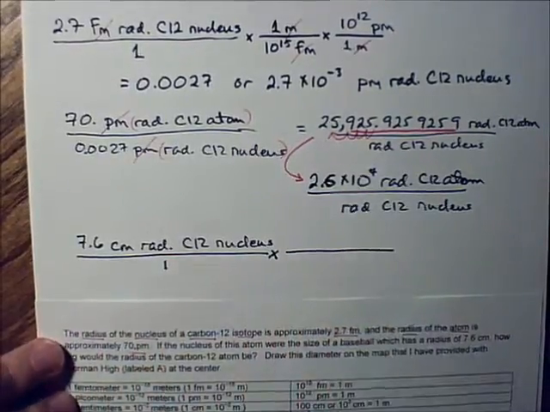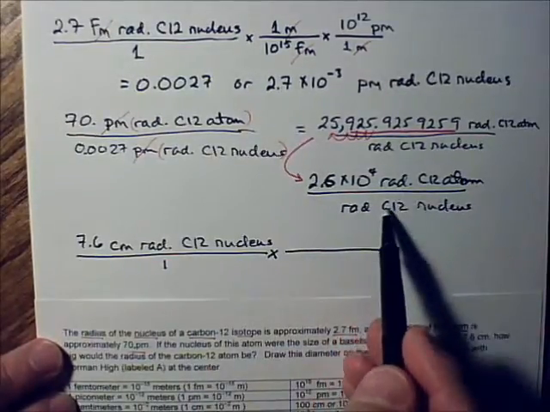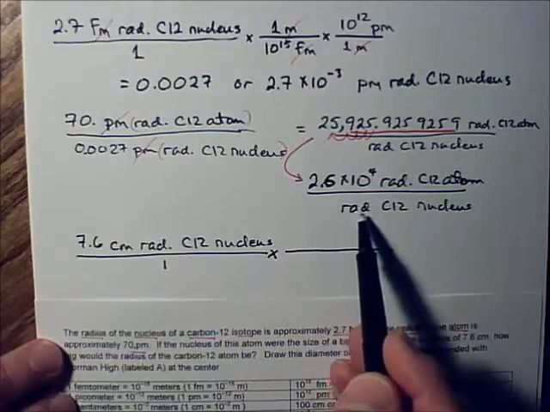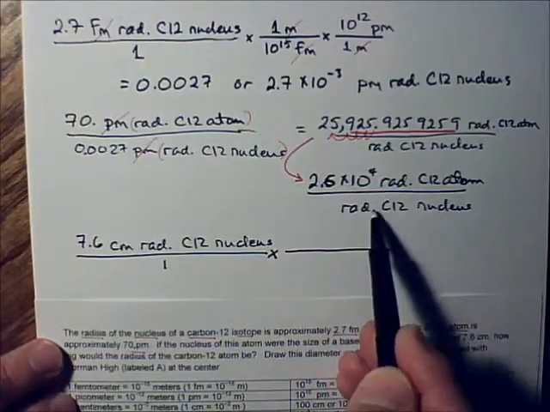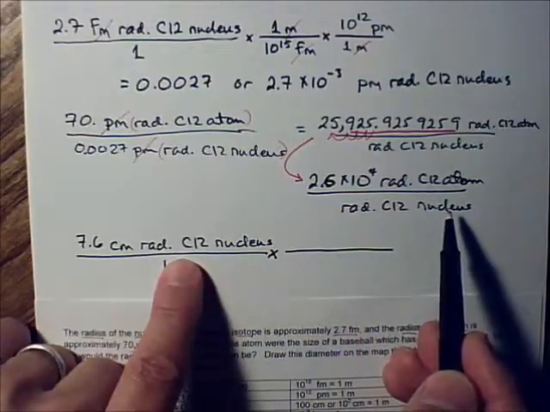And what can I put on the bottom that's going to match something? Well, I don't have any centimeters in this thing, but I do have the radius of the C12 nucleus on the bottom here and on the top here, right?